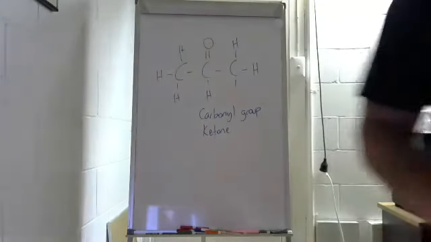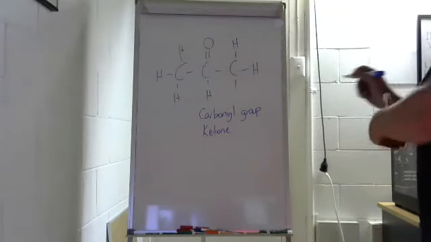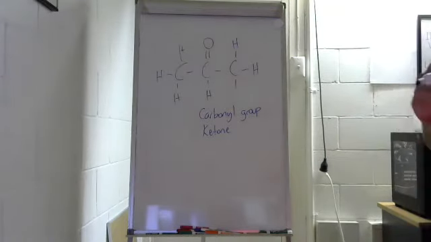40 minutes. Okay. So ketone, we've got a carbonyl group, which is just a carbon double bonded to oxygen. So what are ketones? If you're diabetic and you don't eat enough sugar, or you take too much insulin, your pee and your breath smells like paint stripper.